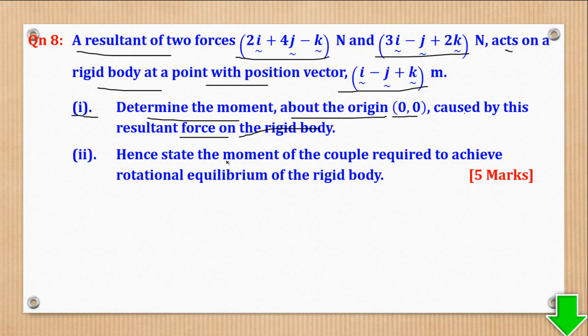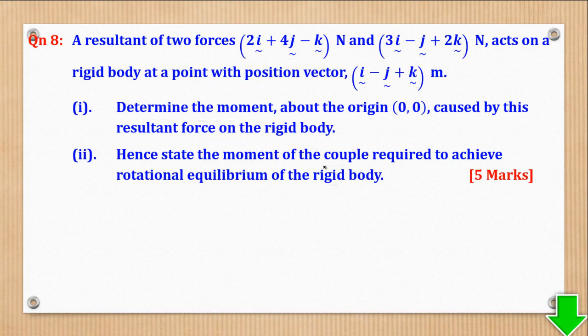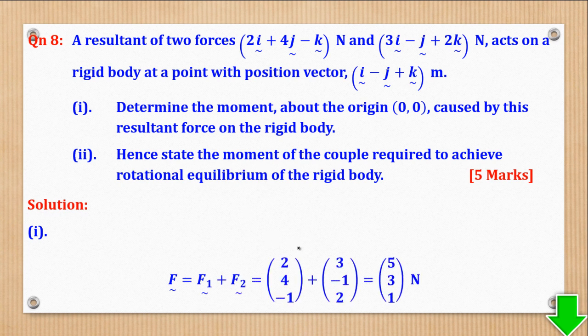Then hence state the moment of the couple required to achieve rotational equilibrium of the body. So first you'll need to get the resultant of these two forces by adding the two. So when I add, I'll come up with that.